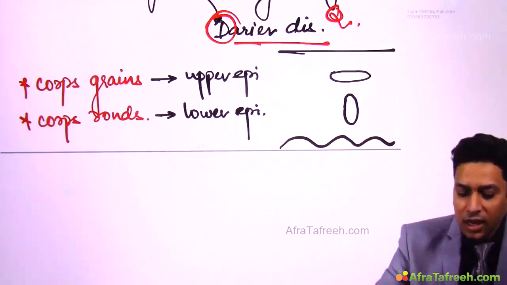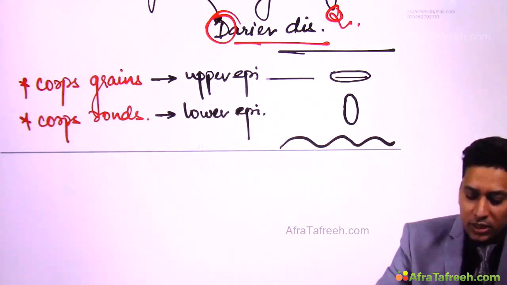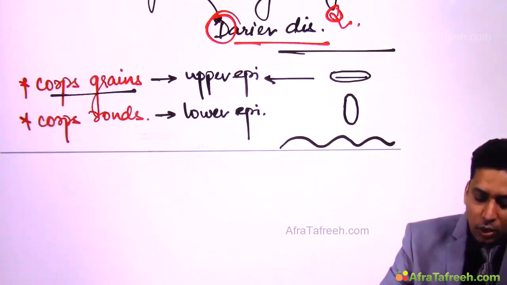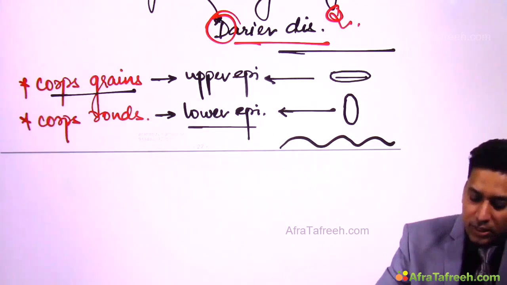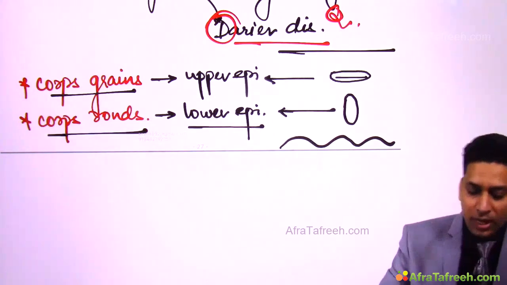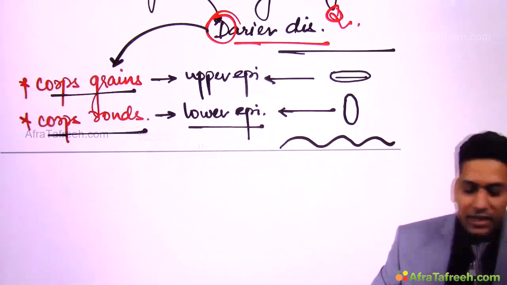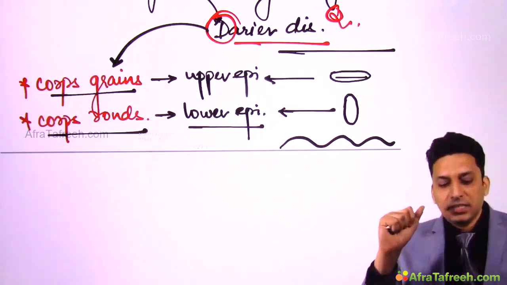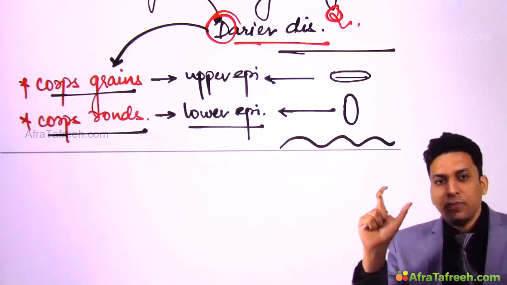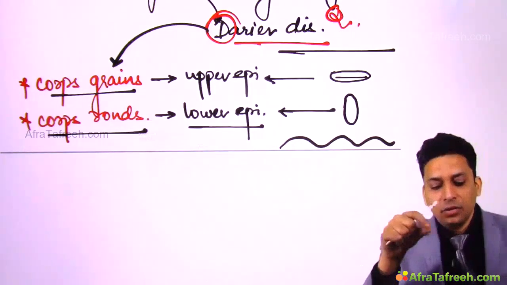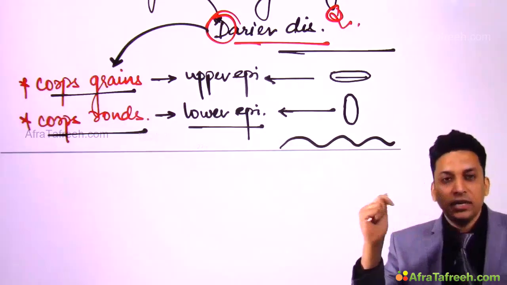These transversely elongated keratinocytes, which are generally seen in upper epidermis, are known as corps grains, and these vertically elongated keratinocytes, which are present in lower epidermis, are known as corps ronds. Both are features of Darier's disease, where in upper epidermis you might find transversely elongated, and in lower epidermis you might find vertically elongated keratinocytes.